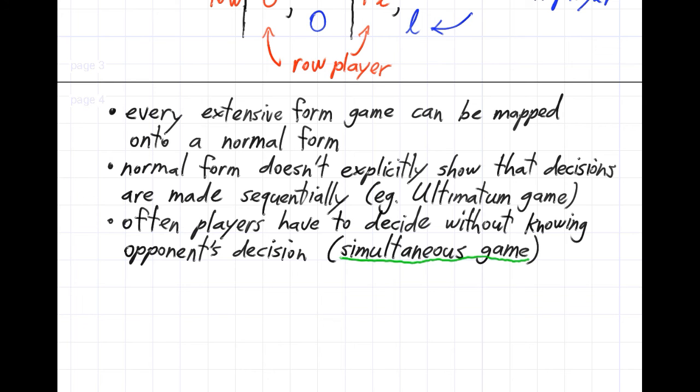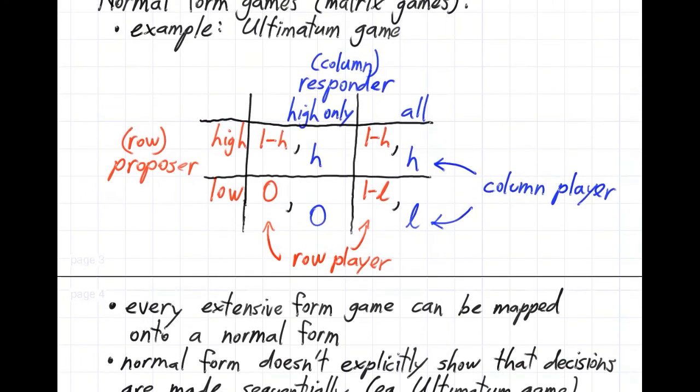Let me pose a question for you. In this payoff matrix, you see the responder's choice as a simultaneous choice. Can you think of how you would design a payoff matrix that gives player 2 the freedom to make choices after player 1? And yet the point here is that it would still be written as a payoff matrix, as a normal form matrix game.